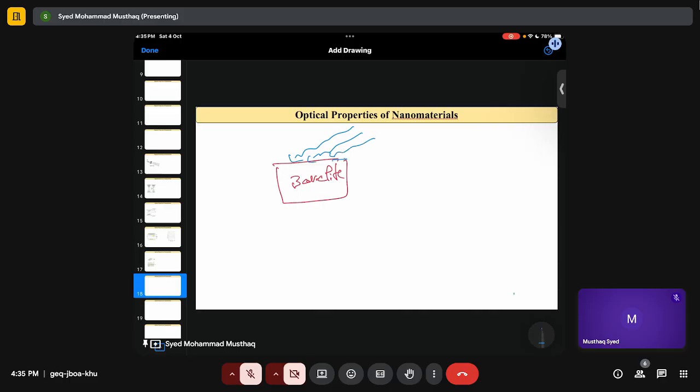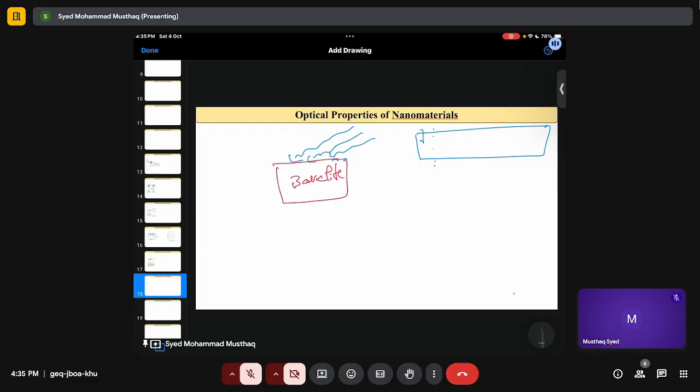UV, visible, infrared. UV will have less wavelength when compared to visible, and infrared will have higher wavelength when compared to visible. So you know this radiation spectrum, right?